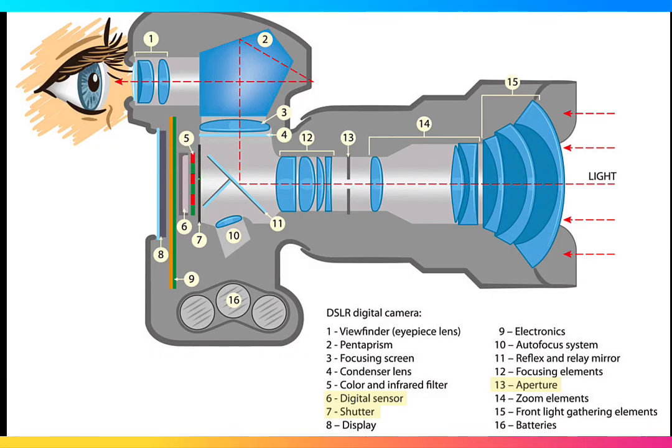Your sensor actually contains millions of tiny little pixels. They're light sensitive pixels, so each one of those little bitty squares is capturing what you're telling it to capture. Every pixel records brightness and color information. So that's very important to remember.